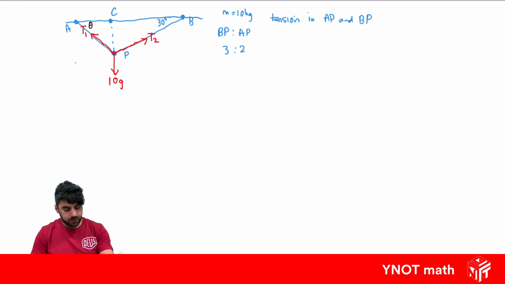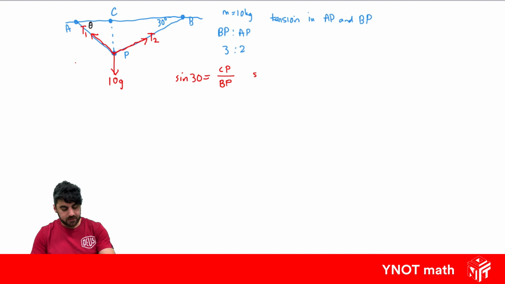So we know we can write some expressions. We can write that sine 30, so this is using triangle CBP. Sine 30 is going to be our opposite side, which is CP, over our hypotenuse, which is BP.